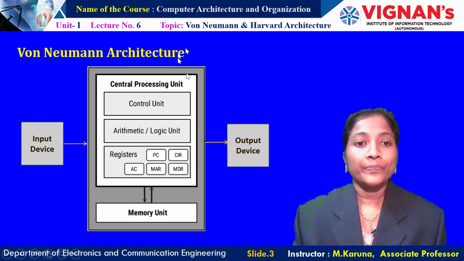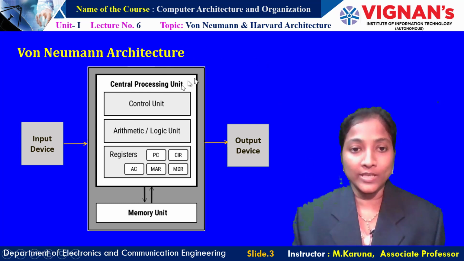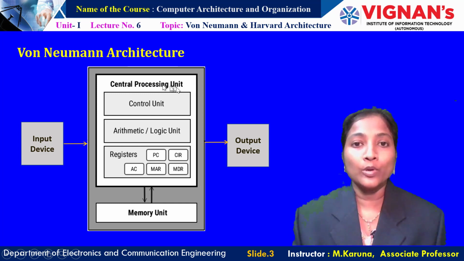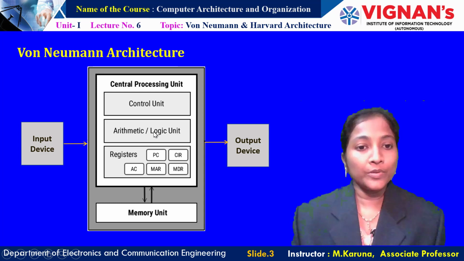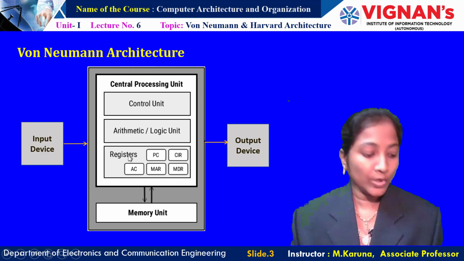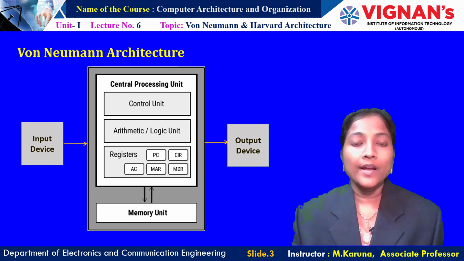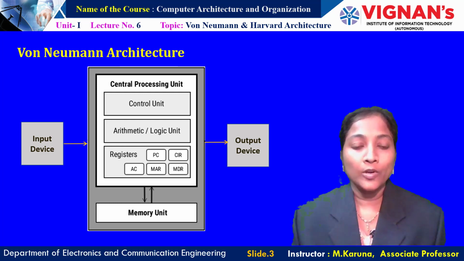Here the central processing unit, nothing but the microprocessor, consists of the control unit and arithmetic and logic unit. Registers are located nearer to the arithmetic logic unit. These registers are high speed memory locations because they are located nearer to the arithmetic logic unit.